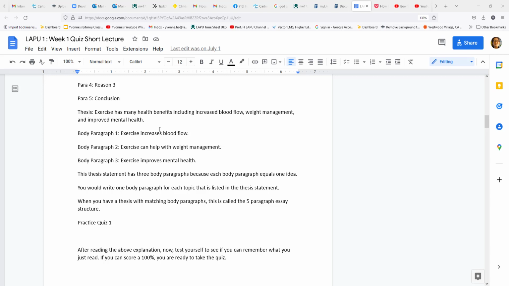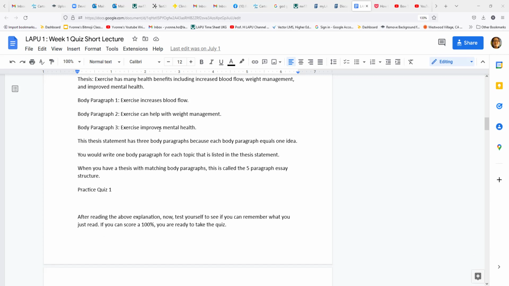So the thesis statement has 3 body paragraphs because each body paragraph equals one idea. You would write 1 body paragraph for each topic that is listed in the thesis statement. When you have a thesis with matching body paragraphs, this is called the 5-paragraph essay structure.